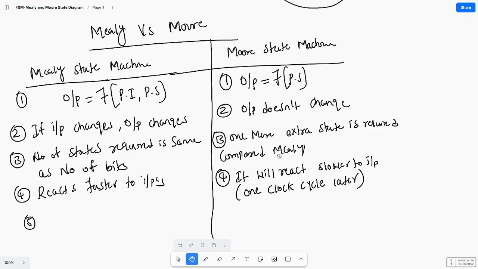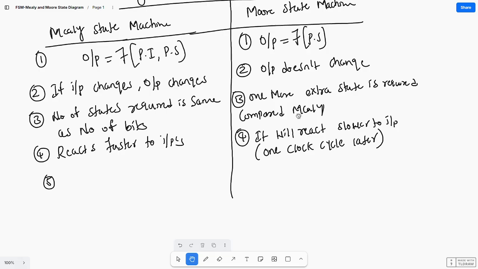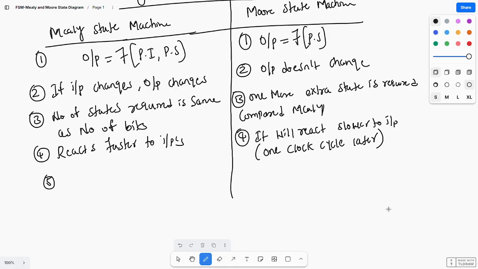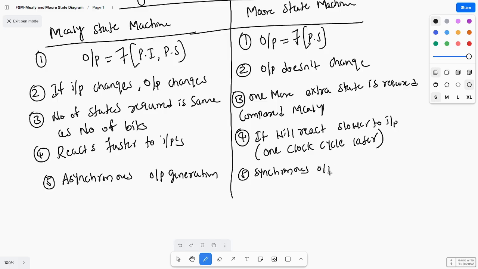Mealy is asynchronous output generation, and Moore is synchronous output and state generation.